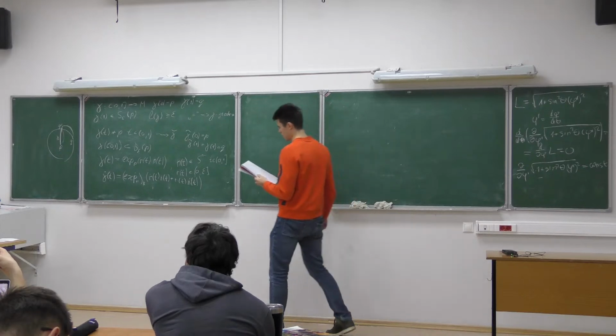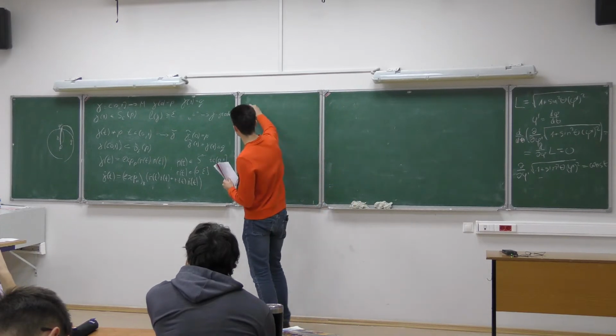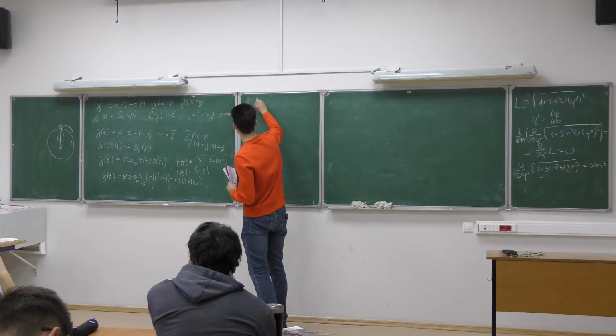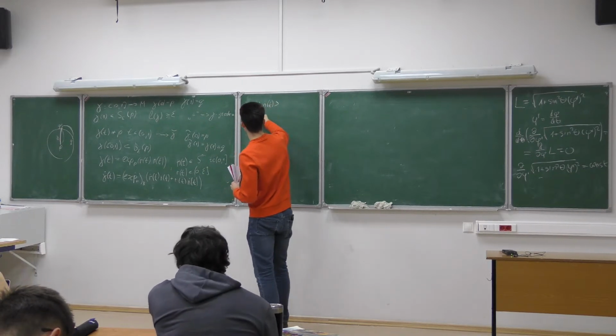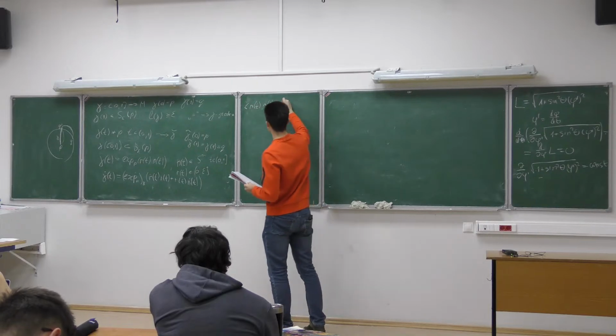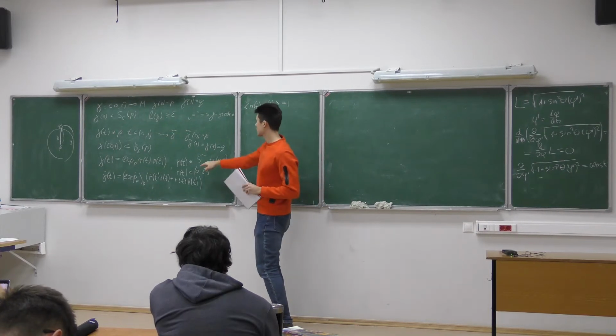So, now we know that the inner product of n(t) is equal to 1 because it's on the sphere.